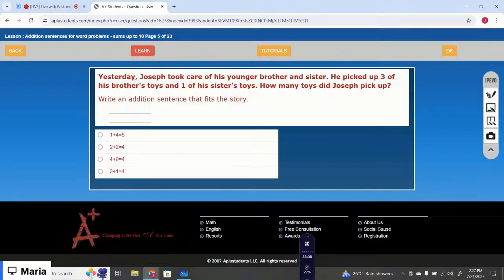Yesterday, Joseph took care of his younger brother and sister. He picked up three of his brother's toys and one of his sister's toys. How many toys did Joseph pick up?